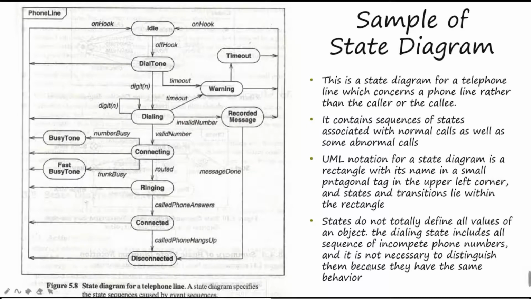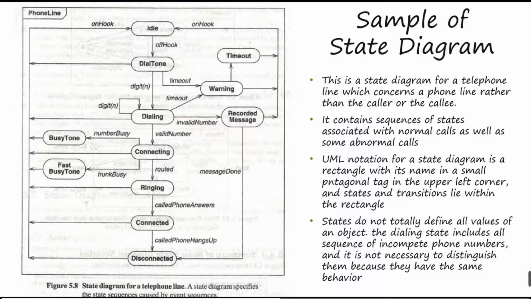It means this is a principle for selecting states. For example, for the dialing state, including all sequences of incoming phone numbers, it is not necessary to distinguish them because they have the same behavior. It means at this state, when you are dialing, only when the number dialed is valid, it means it has all the phone number inputted completely.